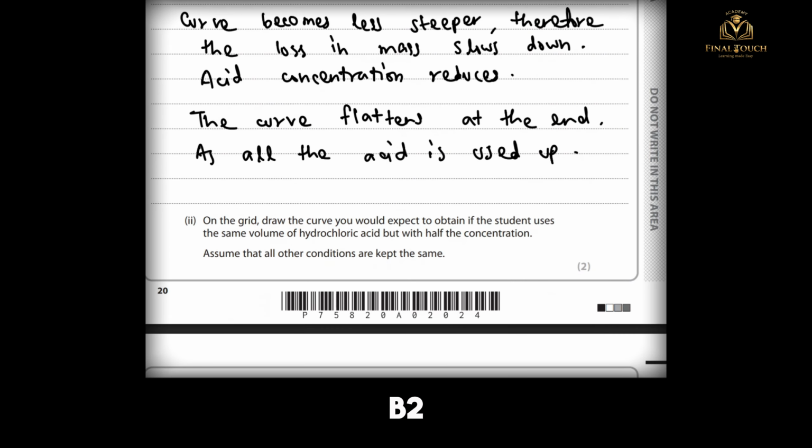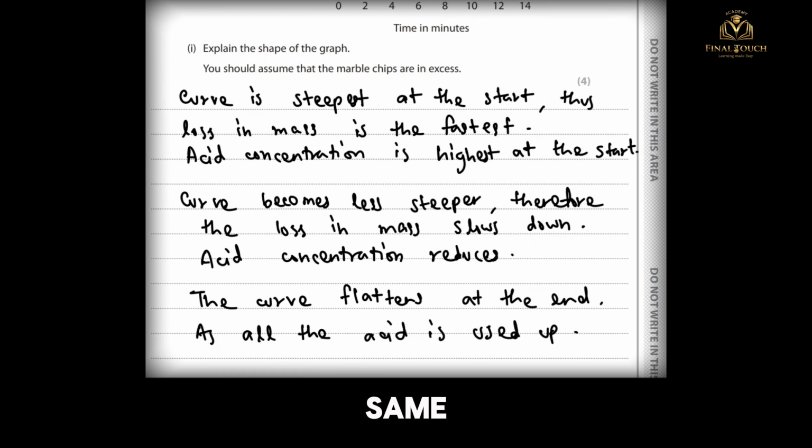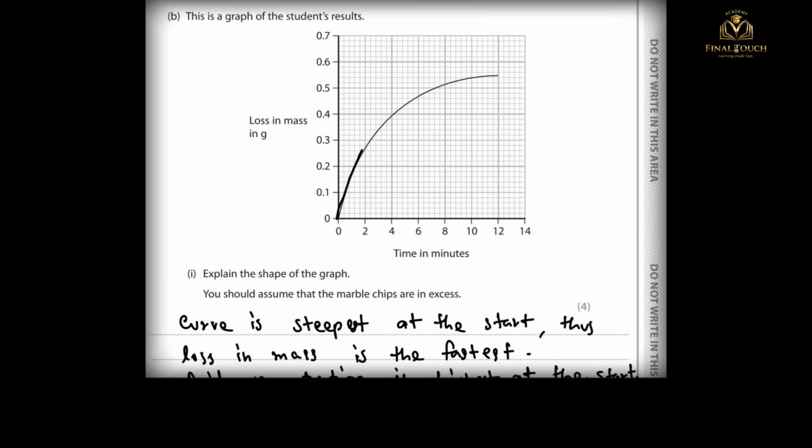Moving on to part B2. On the grid, draw the curve you would expect to obtain if the student uses the same volume of hydrochloric acid but with half the concentration. Assume all the other conditions are kept the same. In this case, the concentration is half, so the curve will start similarly, but the loss in mass will also be halved.